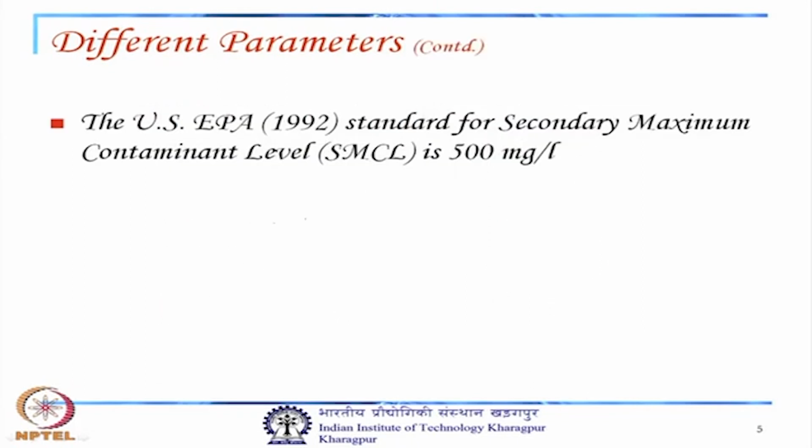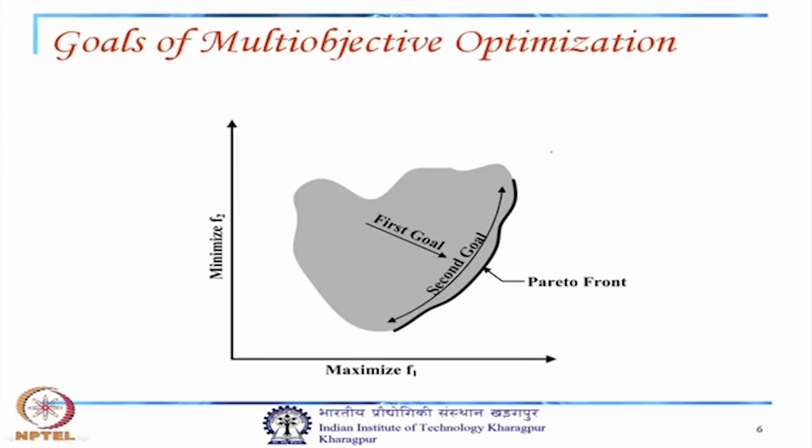So, different parameters: let us say we have that C max value is 500 mg per liter. This is standard for secondary maximum contaminant level. So, this is 500 mg. For any multiple objective optimization, because we have two objectives, we can designate it as multi objective optimization.